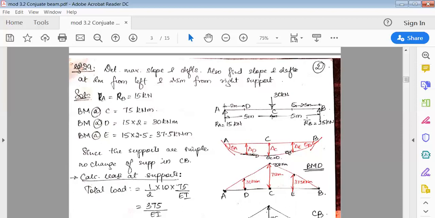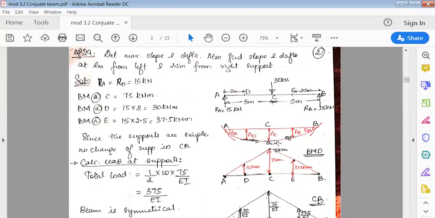Now you'll get to know this only if you draw the deflected shape of the beam. In this deflected shape of the beam, first as usual with respect to A and B, just draw the deflected shape like this. So at A and B, there is maximum rotation, theta A, theta B. Then below the load at the center, maximum deflection, delta C. Now, in addition to this, though there is no load at D and E, they still experience vertical displacement.